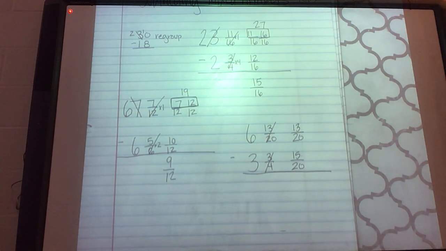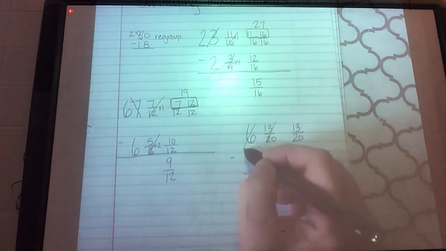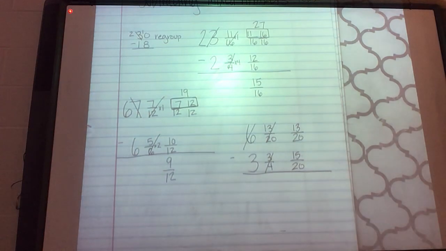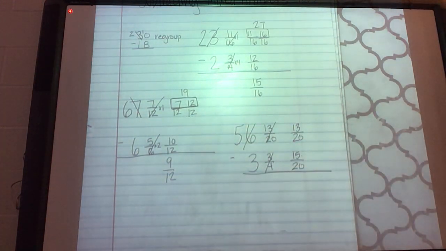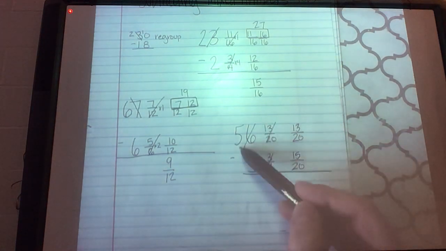No. So I'm going to regroup. The 6 becomes a 5. And what does my whole look like that I just took away?